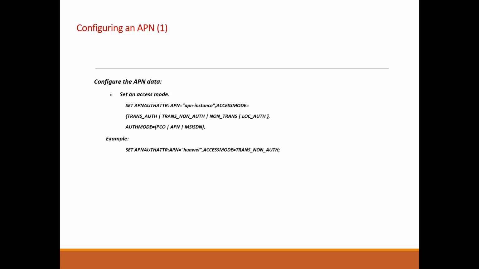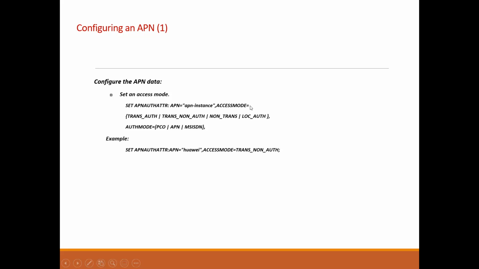Okay, the next is the different configuration of the APN mode. The first one is the access mode. Like we studied, there are three access modes: transparent, non-transparent, and local authorization. When defining an APN, you need to specify which access mode is required.